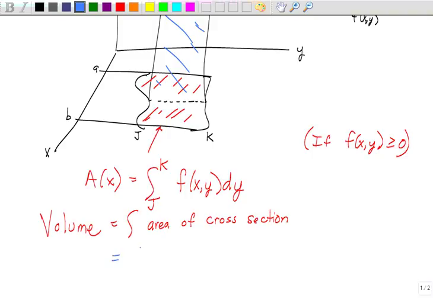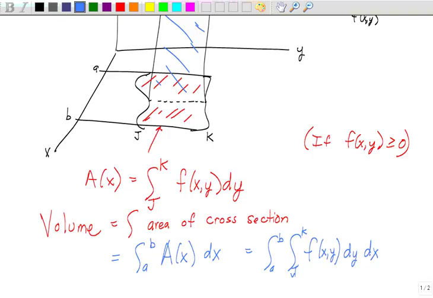So it's going to be the integral from a to b of A of x dx, which is the integral from a to b of the integral from j to k. So first we're going to integrate that, and then we're going to integrate with respect to x. So it's like partial integration.